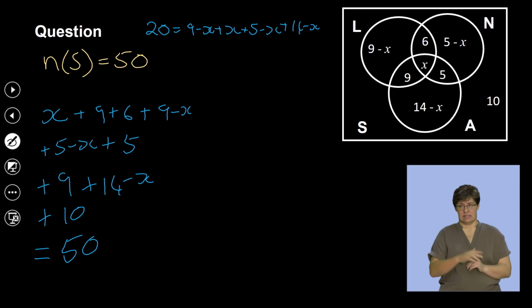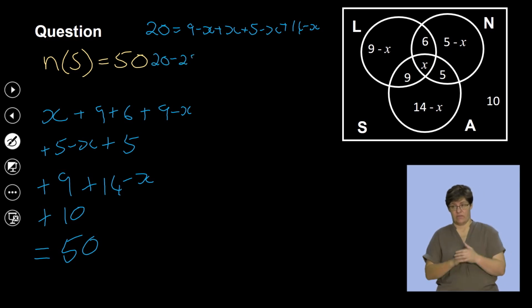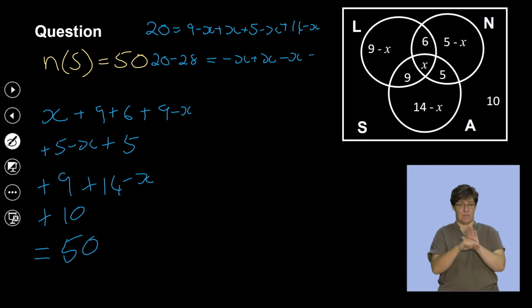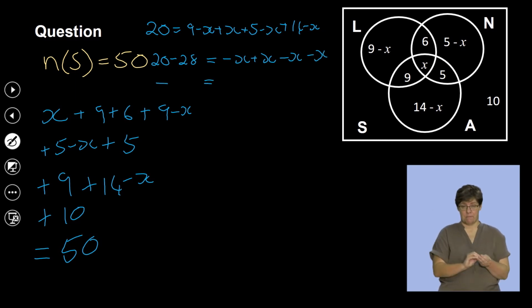So I'm going to subtract 28 from both sides, and I get 20 minus 28 is equal to minus x minus x minus x. If I add that together, this gives me minus 8. This will give me minus 2x. And if I then solve for x, I can see that x is going to be 4.